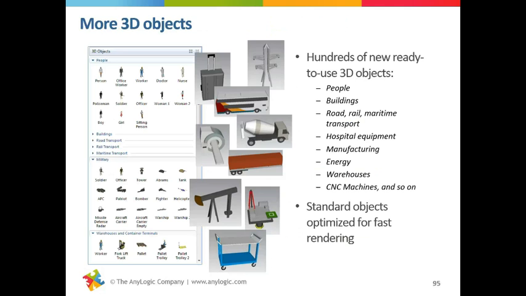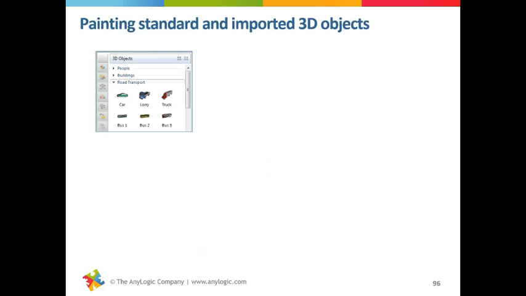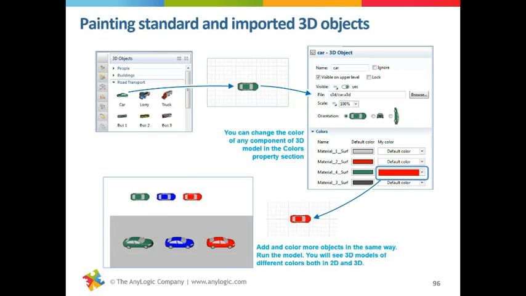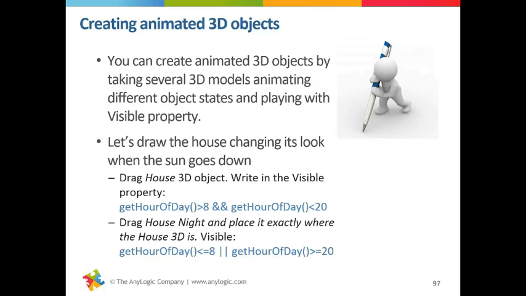AnyLogic 7 includes a wider collection of 3D objects in its library. You can also change the color of existing 3D library objects. To create animated 3D objects, create multiple views of the same object, then use a condition to control visibility of each view of the object.